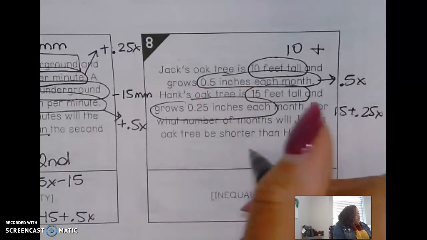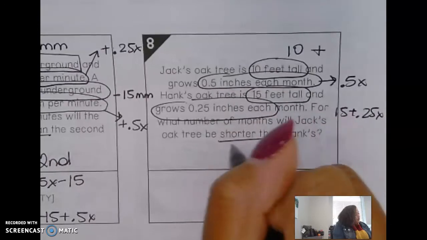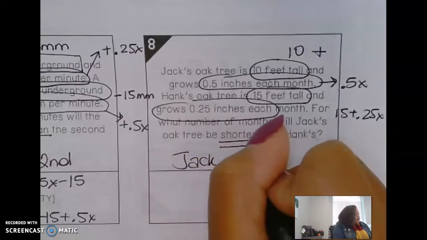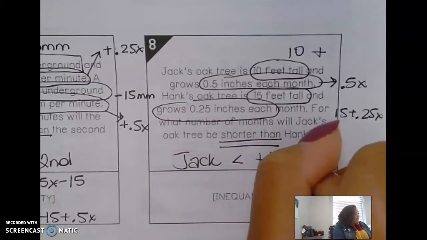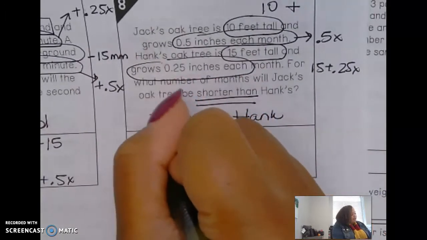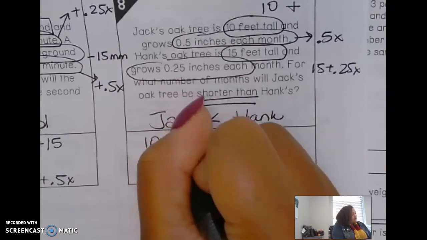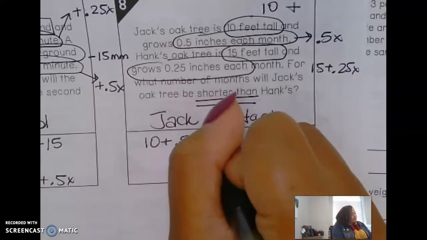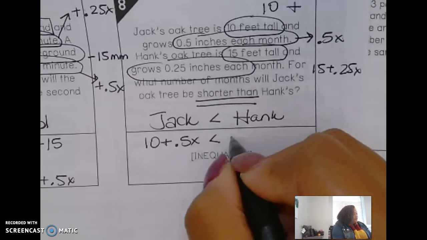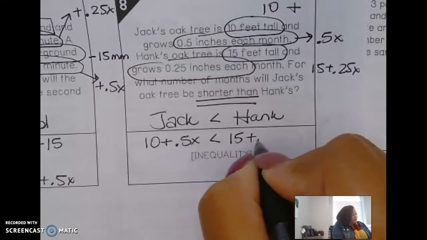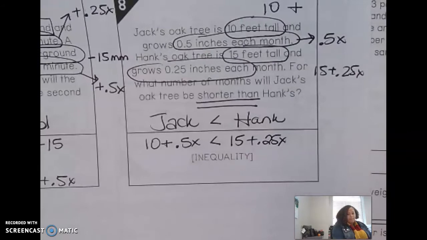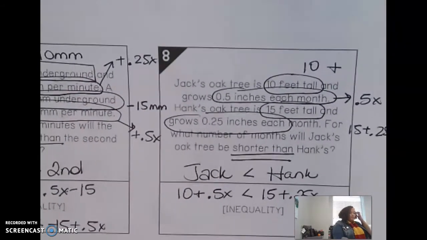For what number of months will Jack's oak tree be shorter than Hank? Jack, shorter than Hank. So Jack is 10 plus 0.5x, which is going to be less than Hank, who is 15 plus 0.25x. And I think we're done with that one.